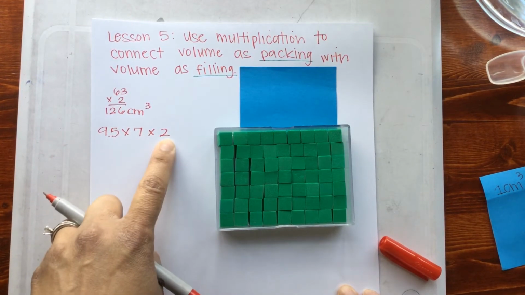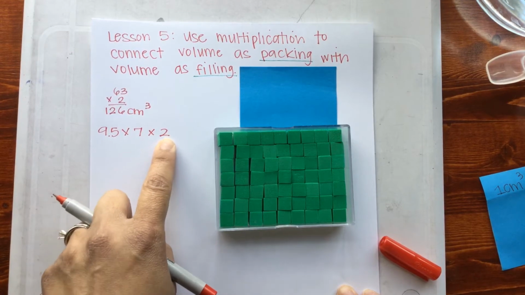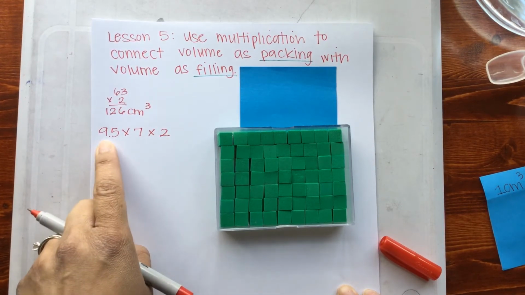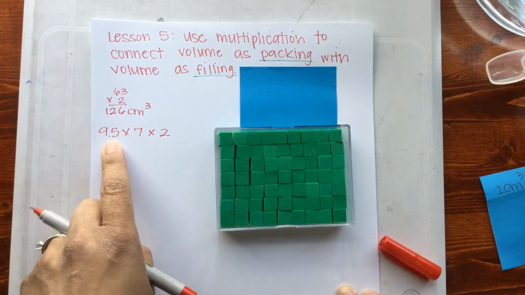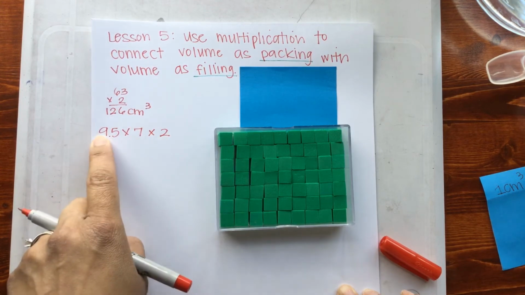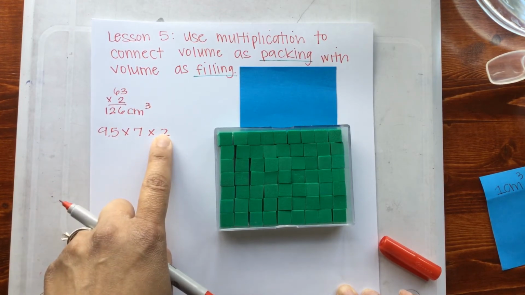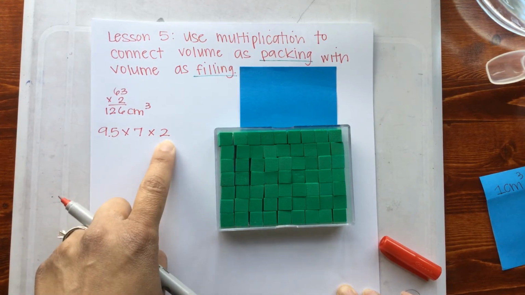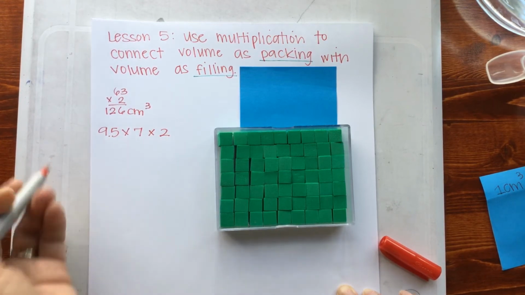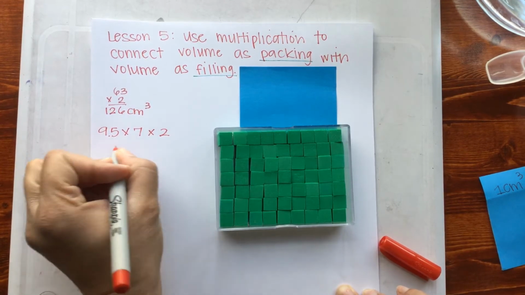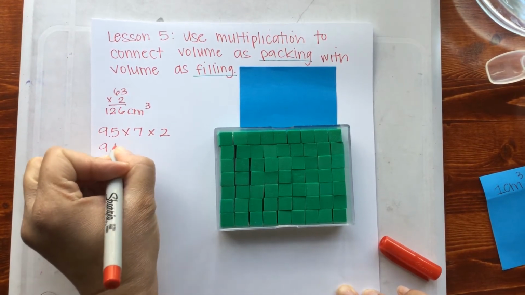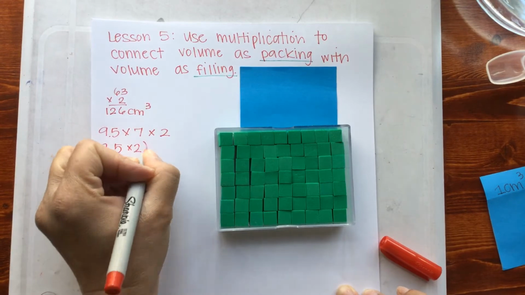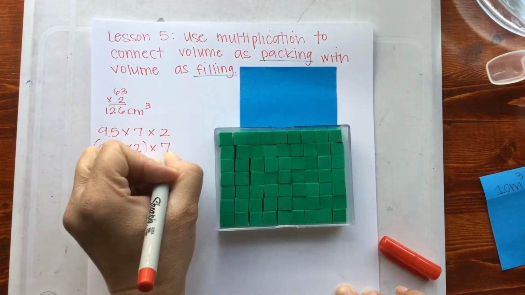So looking at it this way, 9.5 times 7 times 2. I'm going to make this a little bit easier for me to figure out the volume this way. So 9.5 times 2, I know that 9 times 2 is 18, and 0.5 times 2 is 1. So this is actually going to end up being, I'm going to rewrite it, 9.5 times 2, I want to do that first, times 7.